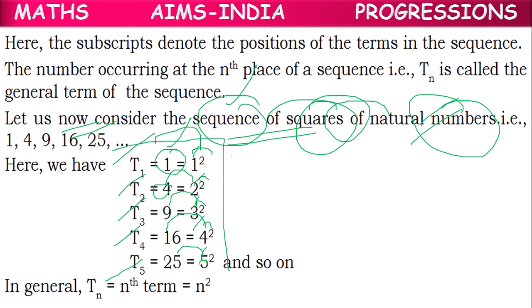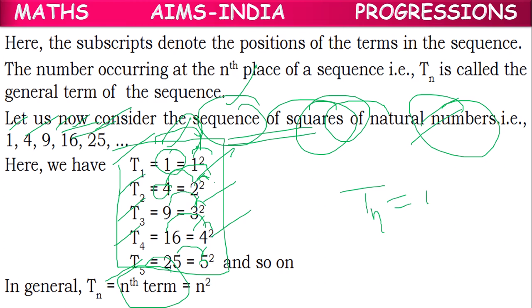Based on this, we can write the sequence as 1, 4, 9, 16, 25. For the first term we are writing 1 square, second term 2 square, third term 3 square, fourth term 4 square, like that. The nth term in this particular sequence will be n square. So the general term of the sequence Tn is defined such that Tn equals n square.